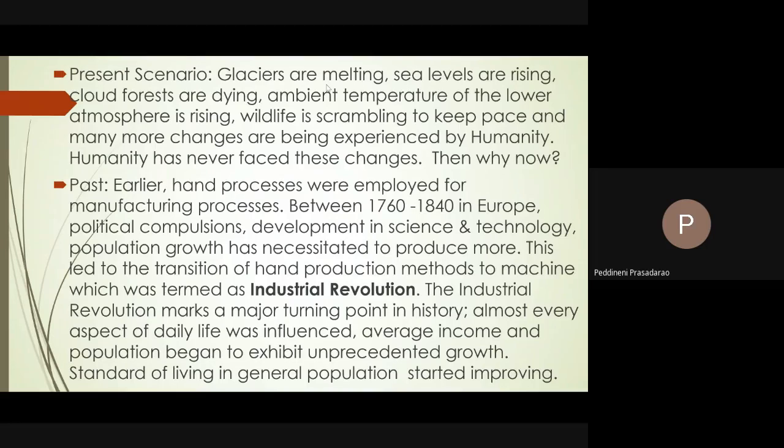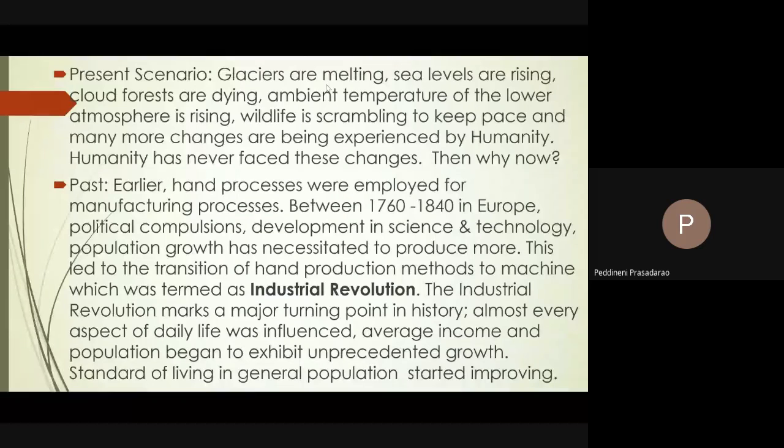For this, I would like to look into something that happened earlier, some 200 or 250 years ago, and get the connection from that area.